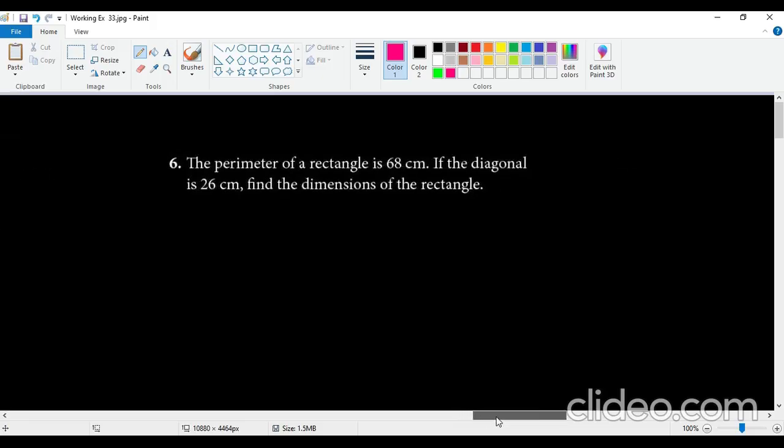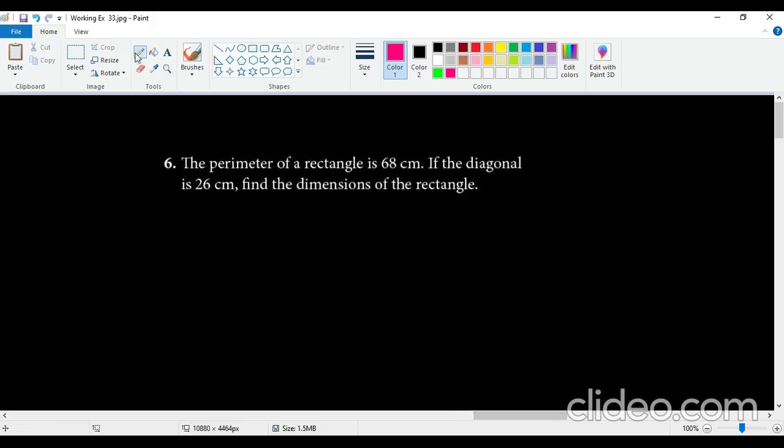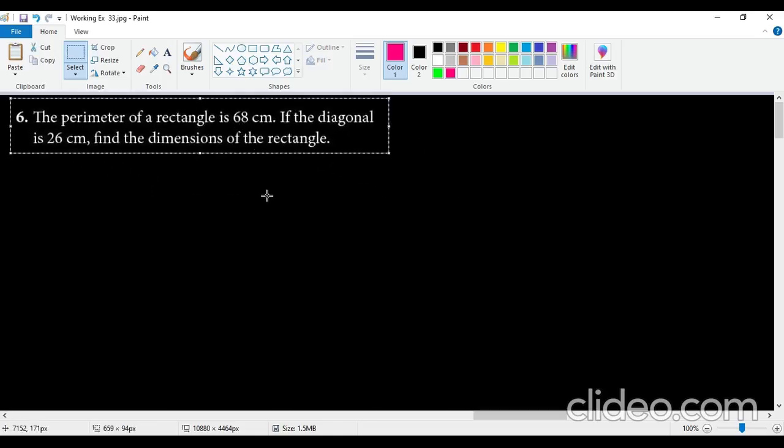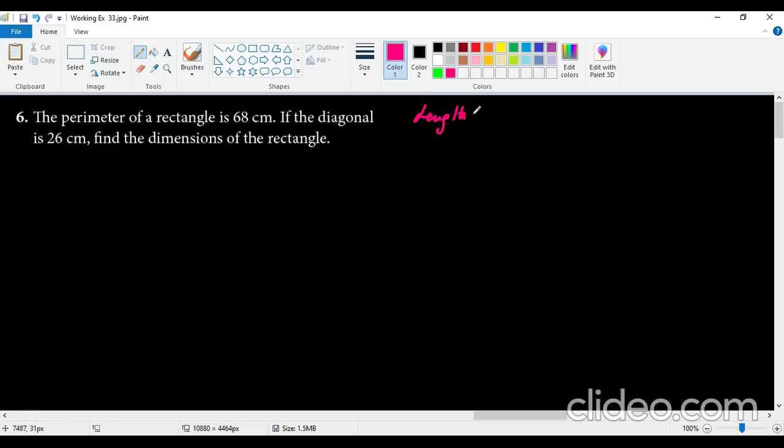In here it says the perimeter of a rectangle. In question number 6, if I consider length as x and width, which is a different number, as y, the diagonal means something like this.